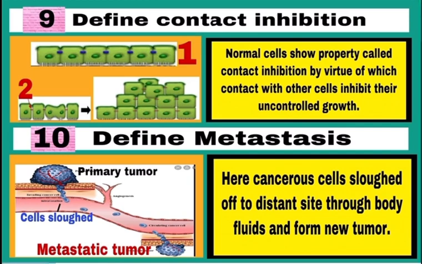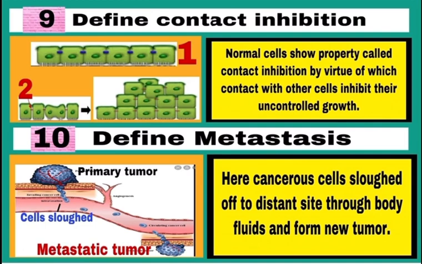See diagram number 1. Cells are not showing uncontrolled growth because they are in contact with each other and have the property of contact inhibition. In the second diagram, cells have lost this property and we can see uncontrolled growth in the cells here.